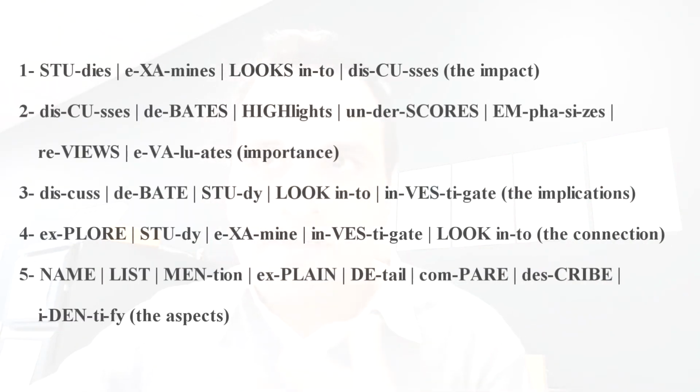Let's imagine that you are summarizing a lecture and you want to say what the speaker did. The speaker studies the impact. The speaker examines the impact. The speaker looks into the impact. The speaker discusses the impact, right? What about if I use the word importance? What verbs can I use with the word importance?